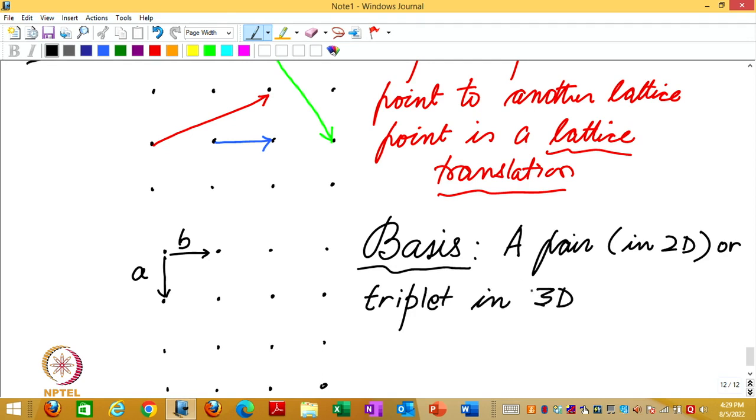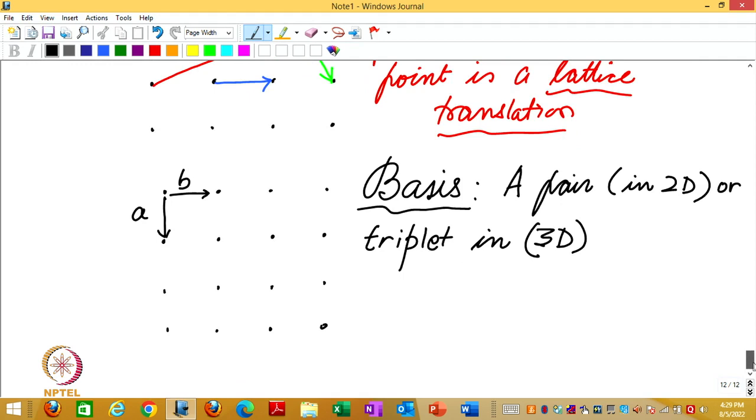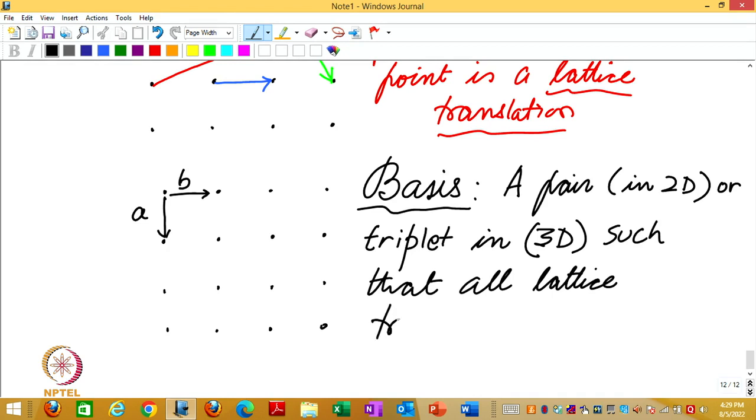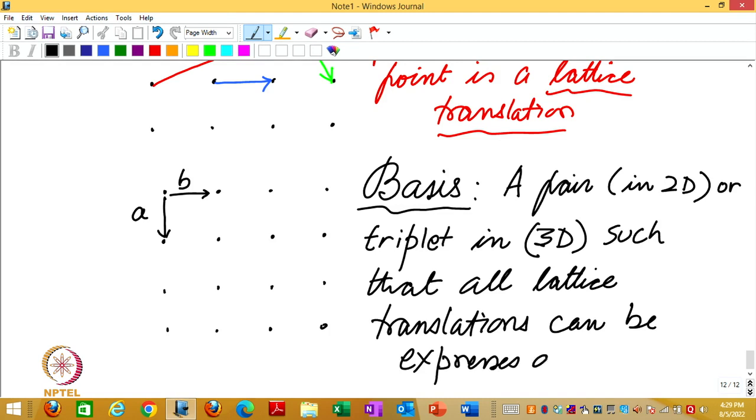In 2D you require 2 basis vectors, in 3D you will require 3 basis vectors. This is expressed as, the technical jargon you probably know, linear combination.